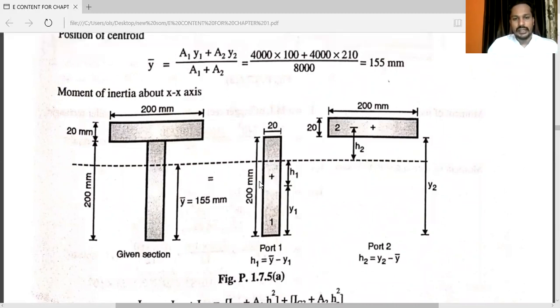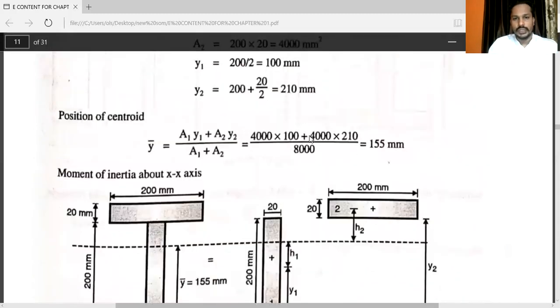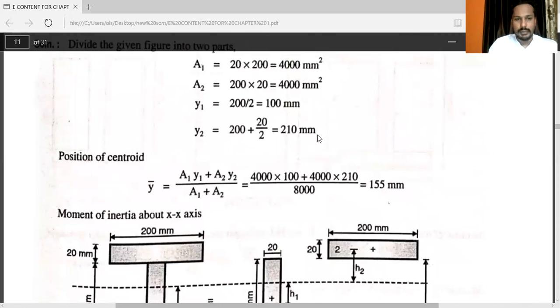So 200 divided by 2, that is 100. And here for the y2 distance, 200 plus 20 by 2. So the answer will be 210 mm.